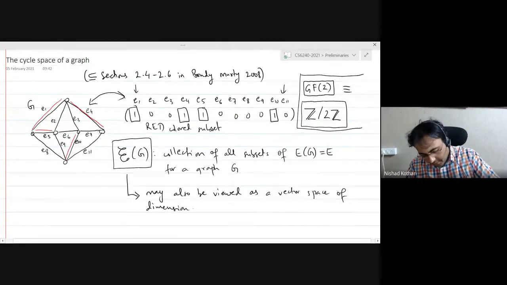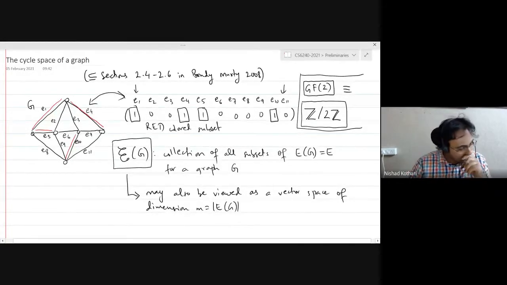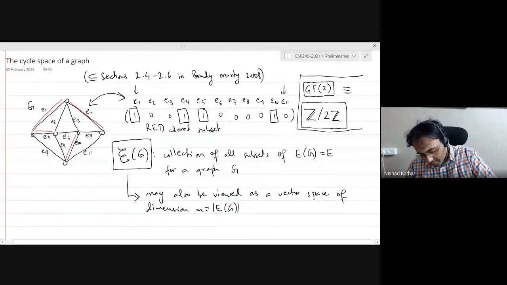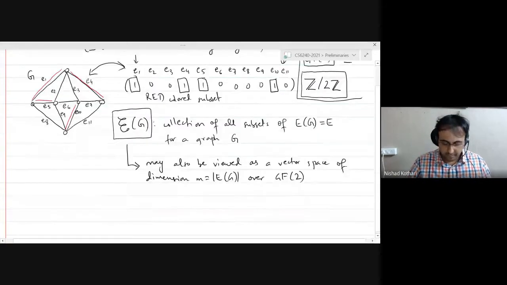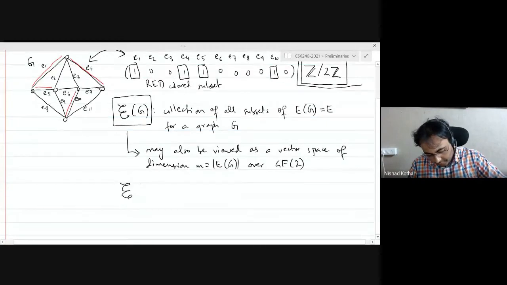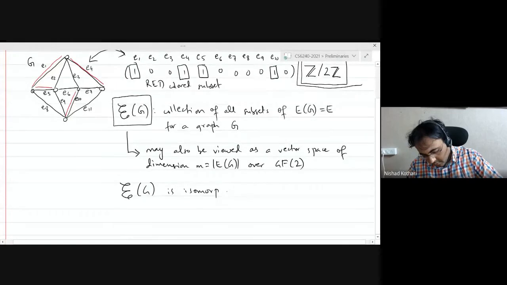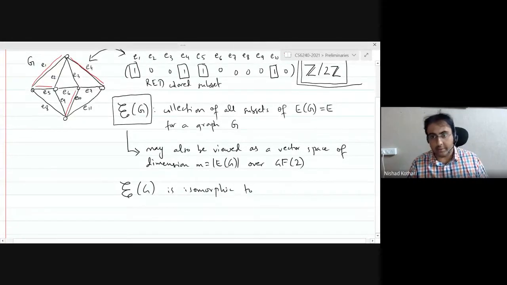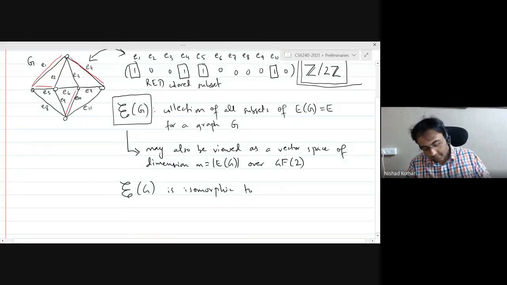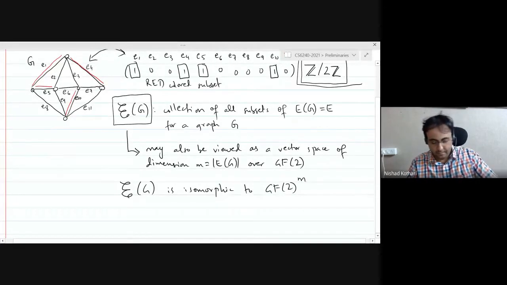Remember that m is generally the number of edges of the graph, over GF2. And in particular, it is exactly isomorphic to, of course here we are using isomorphism not for graphs, right? We are using it for vector spaces. It is isomorphic to GF2 to the power m, right?